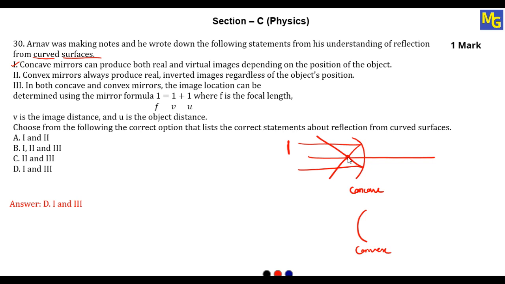Whatever image we get here will be a real image, because we are getting it on the same side from where the light rays are coming. So this will be the real image.